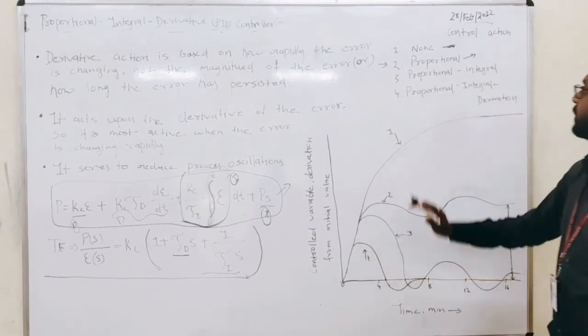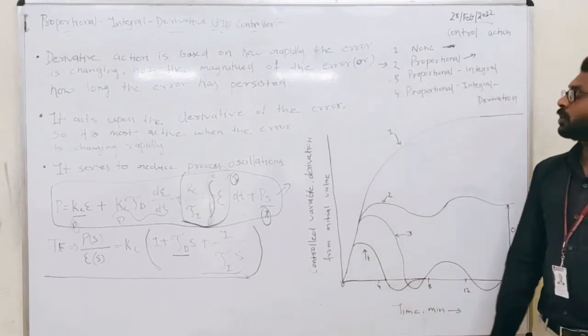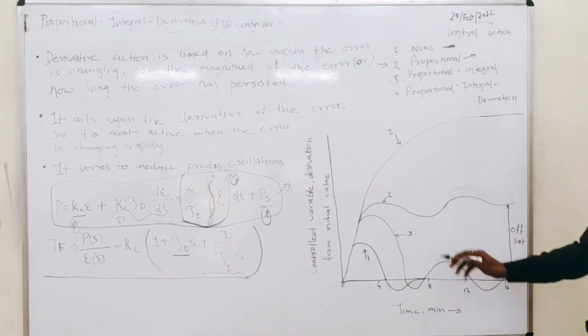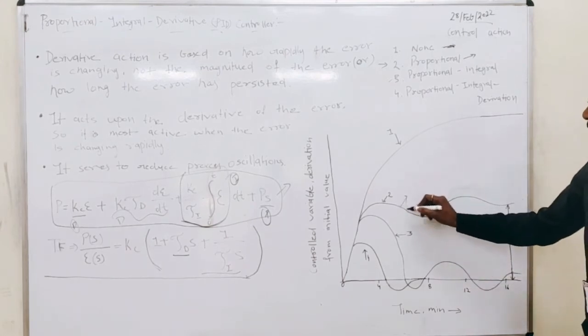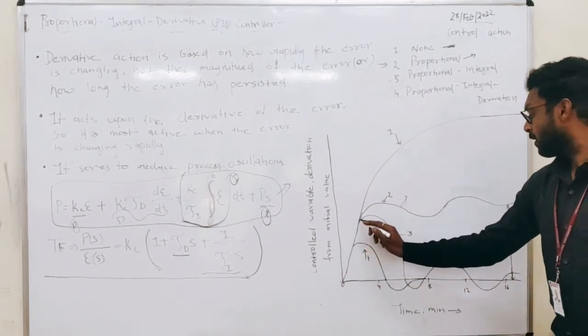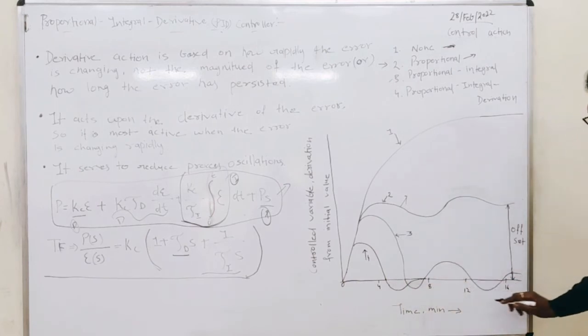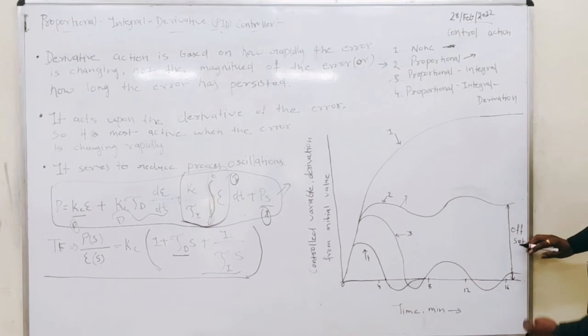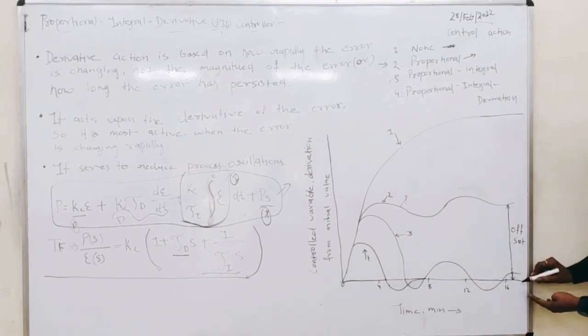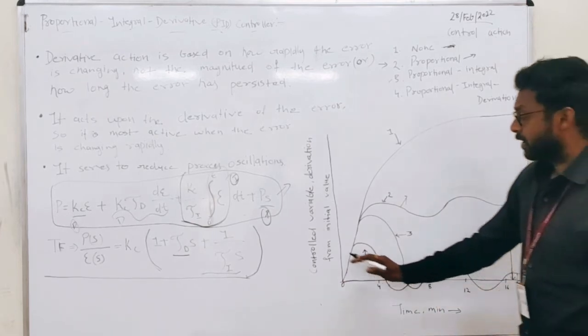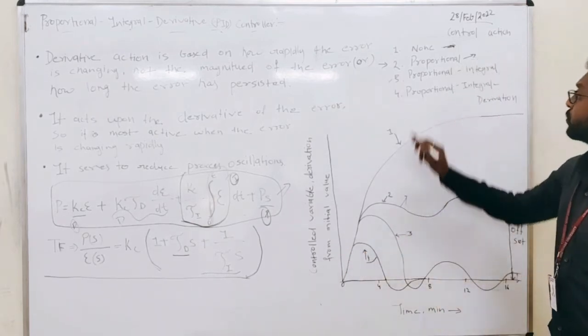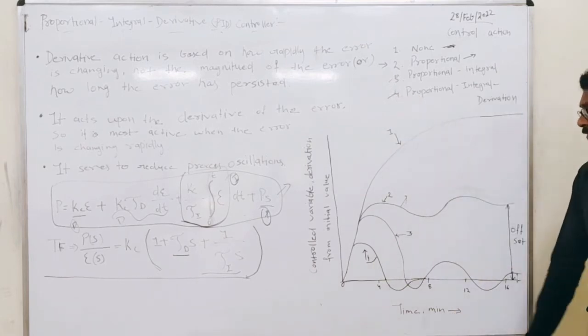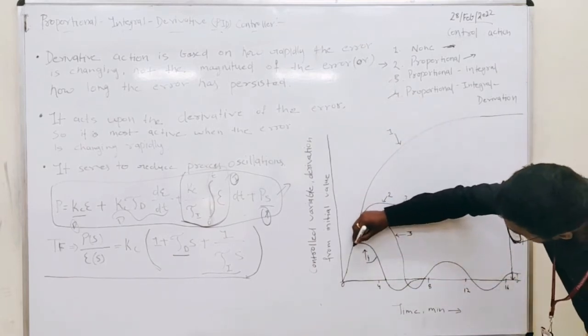And the third one is proportional integral. When we add the integral controller to this proportional action, it reaches the steady state very quickly and the offset value is minimized, very small, but it will not reach the steady state completely. But when we use the proportional integral and derivative controller, we can observe the line below.